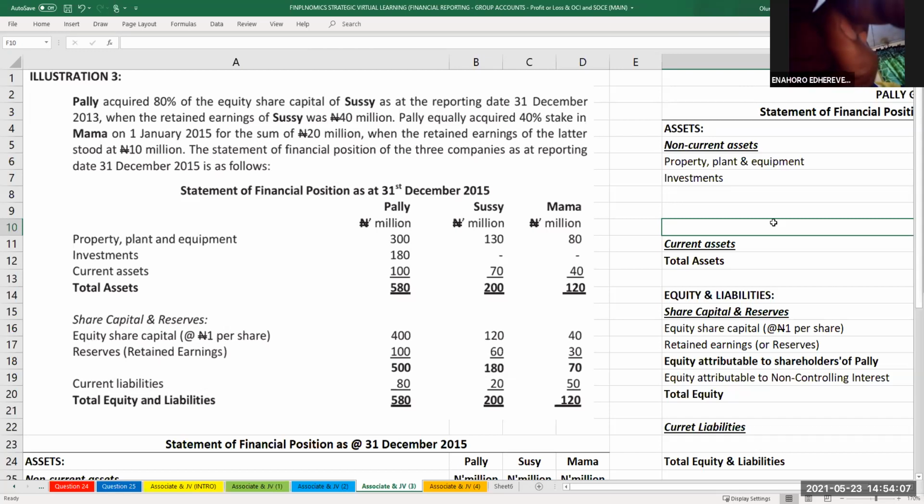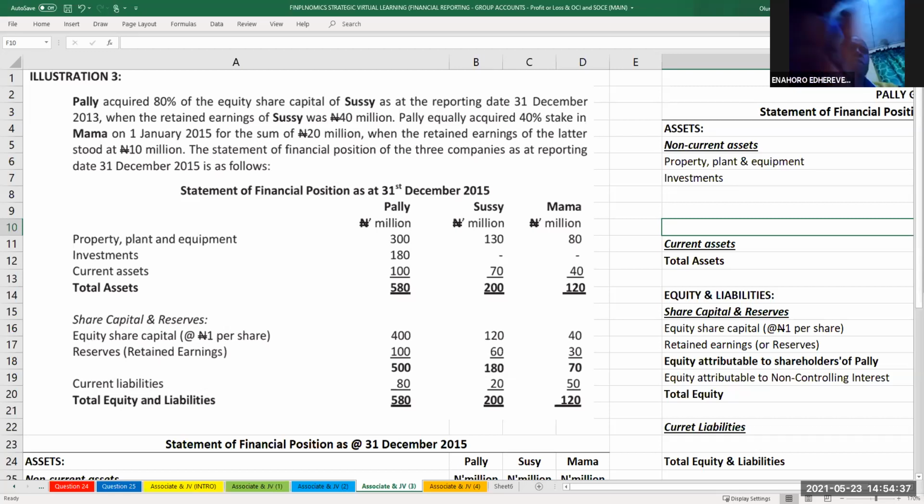Statement of financial position as at 31st December 2015, Pali, Suzy and Mami, everything in millions. PPE: Pali 300, Suzy 130, and Mami 80. Investments: Pali 180. Current assets: Pali 100, Suzy 70, and Mami 40.